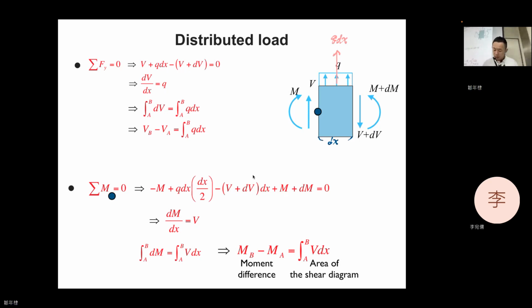Sigma Fy equal to 0: V up, q dx up, V plus dV down, equal to 0, and we can get this value. We will explain what that means after 10 minutes. If you have any questions, just come here to ask me. Thank you very much.